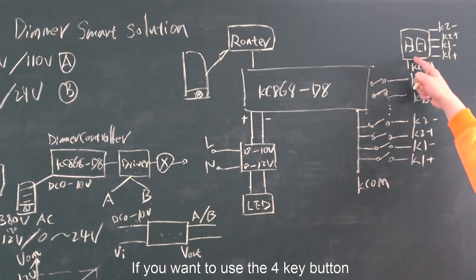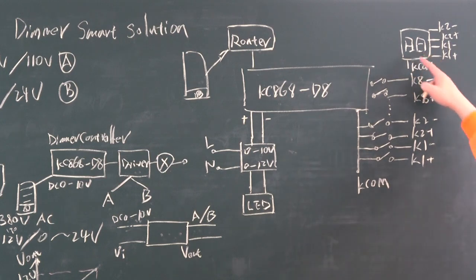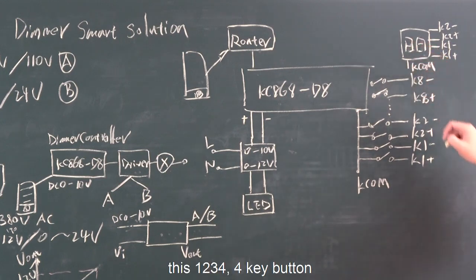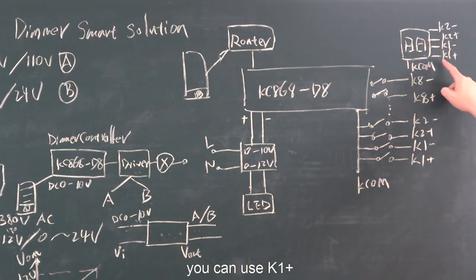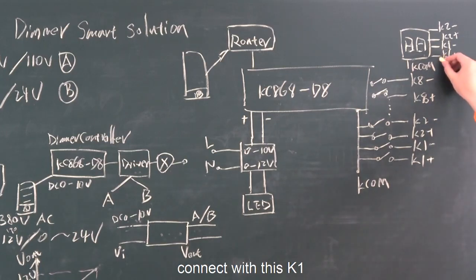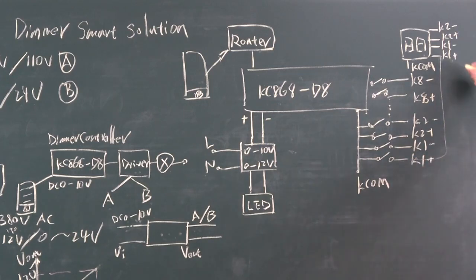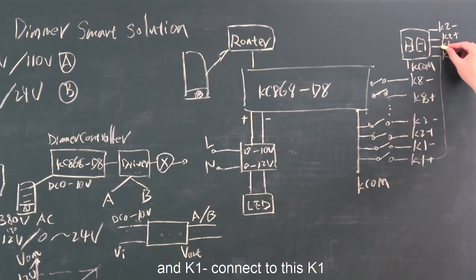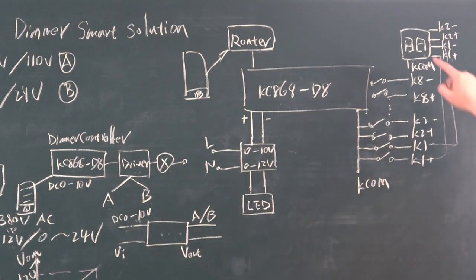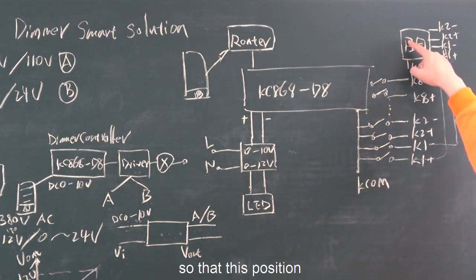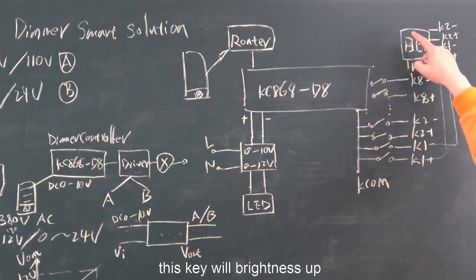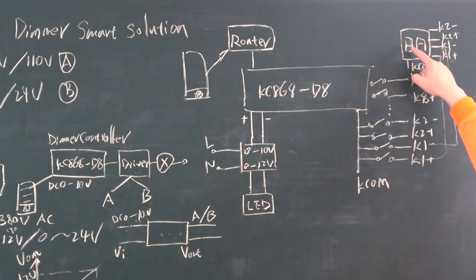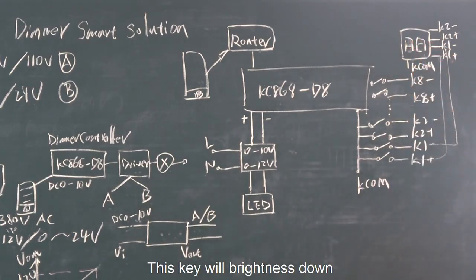So if you want to use the 4K button, this 1, 2, 3, 4 button, you can connect K1 up to this K1, and K1 down to this K1. So this key will brighten, and this key will dim.